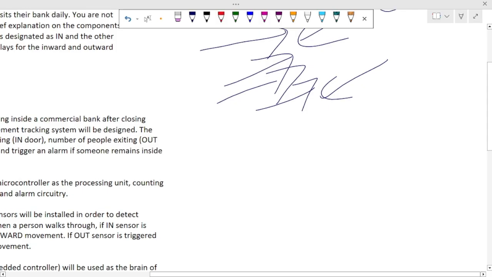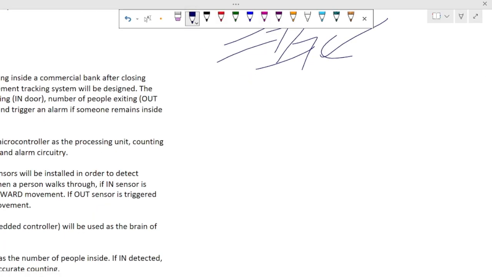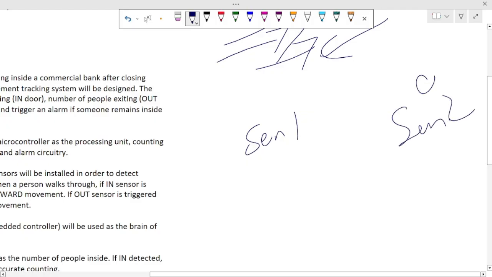Okay, so we'll have two sensors. Let's say sensor one, and sensor two. So this one will be the out sensor, and this one will be the in sensor. So these two sensors, if this one is triggered before this sensor is triggered, it means the person is going inside the bank. Because if you are walking inside the bank, you are just strolling inside, you will trigger this sensor before you trigger the other sensor.